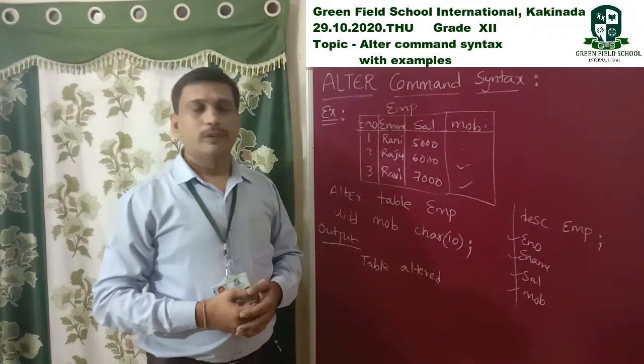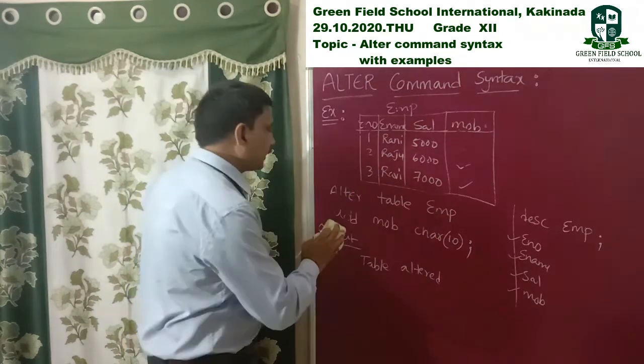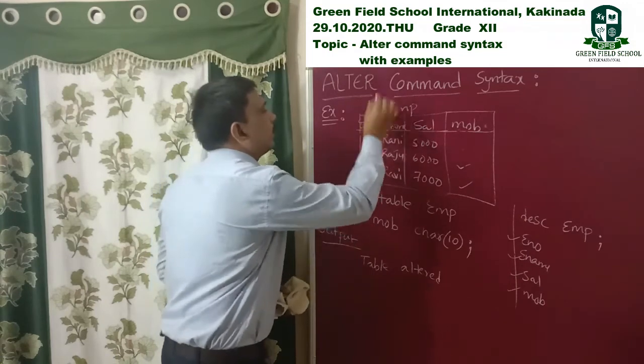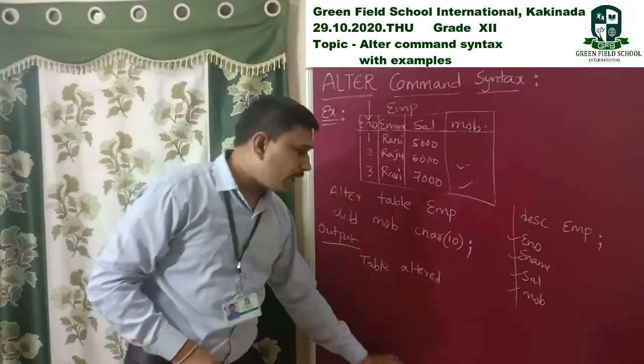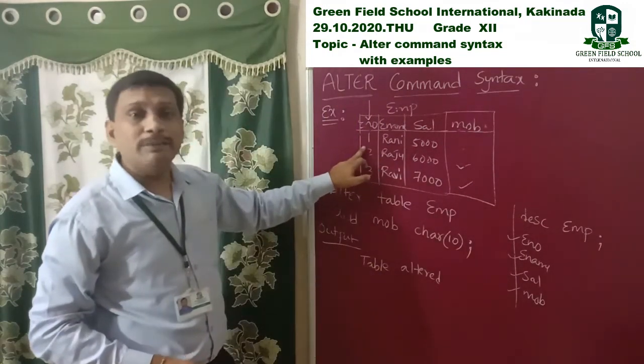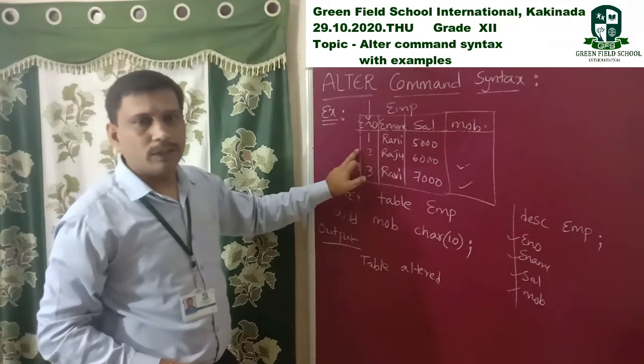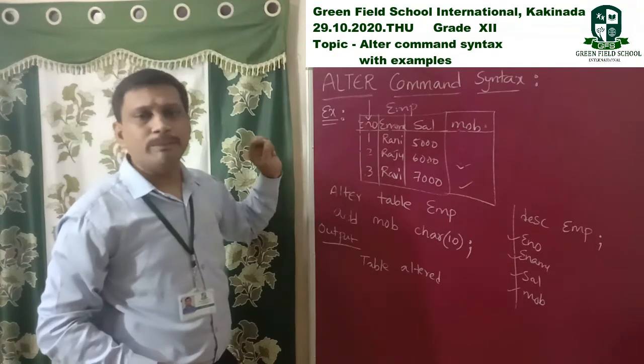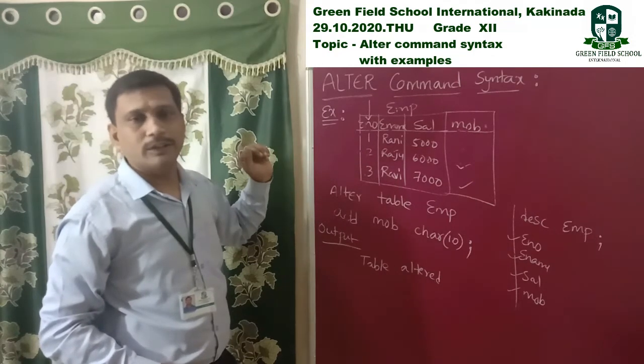Next, how do we add a constraint for this particular column, employee number, as primary key? When I was creating this table structure, I forgot the primary key, so it was not established.